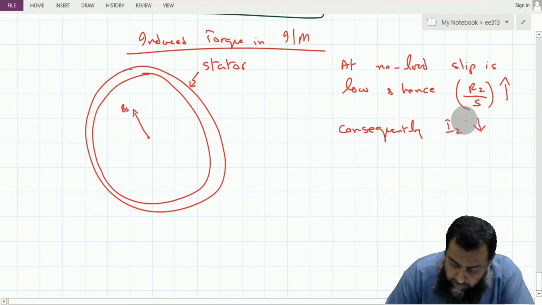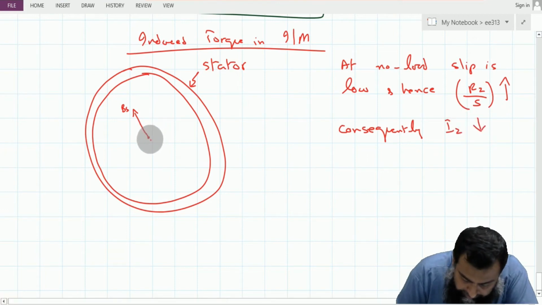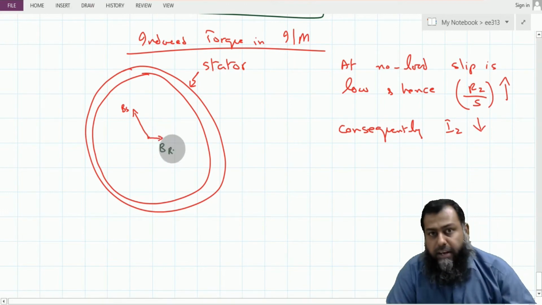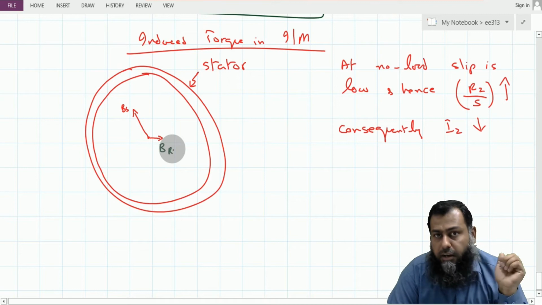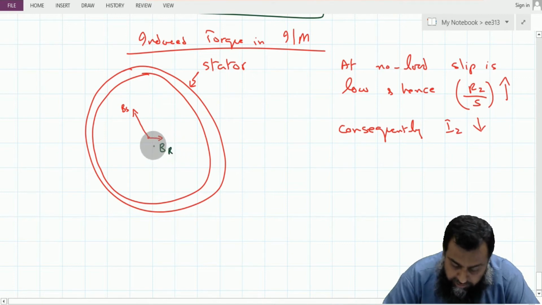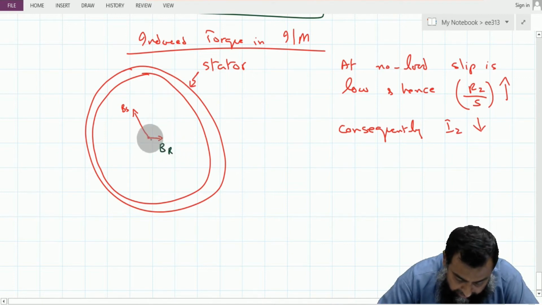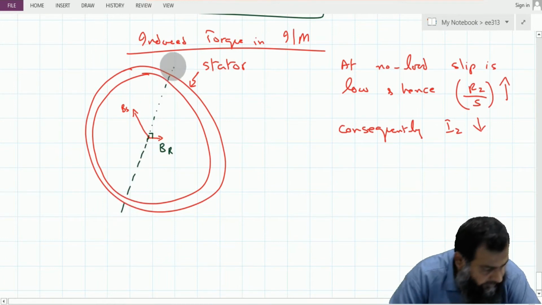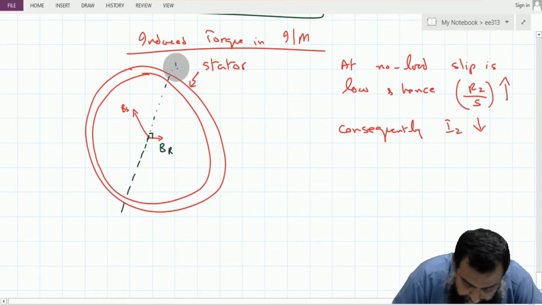With I2 very low, this Br shall have a smaller magnitude compared to the magnitude of the rotor magnetic field when the motor is under loaded condition. Because this BR is in this direction, right at 90 degrees with this, we have this IR here.